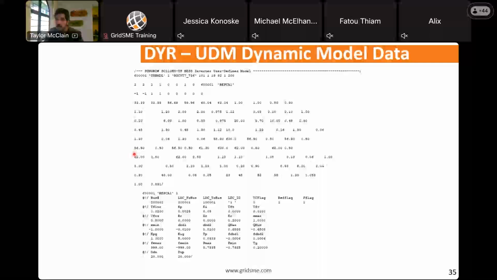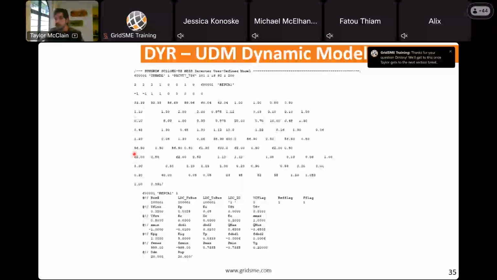And so these typically are going to model the responses better. They are a little less user friendly because you typically need support from the manufacturer, and they'll oftentimes require a library file, a .dll, which houses the additional characteristics of the inverter and the response that it's going to provide.